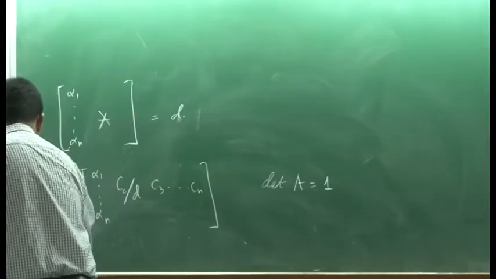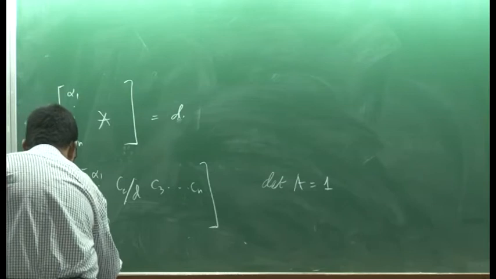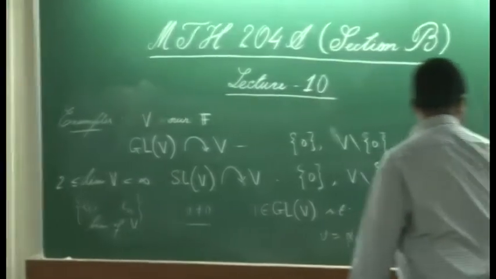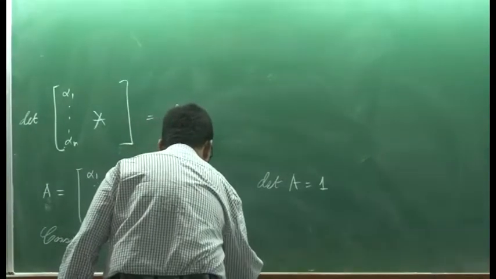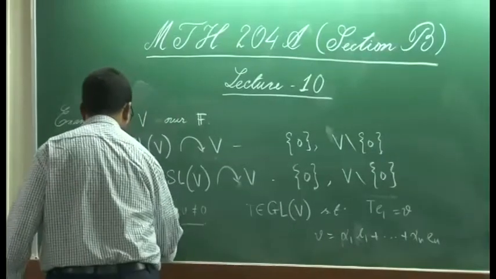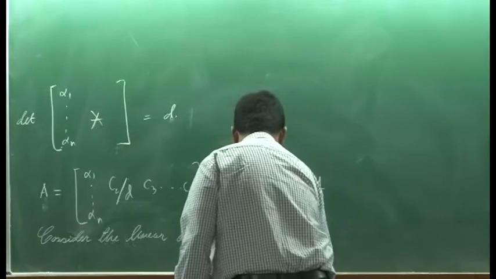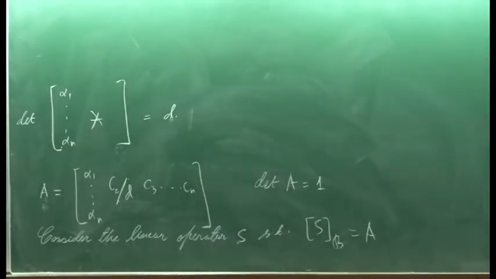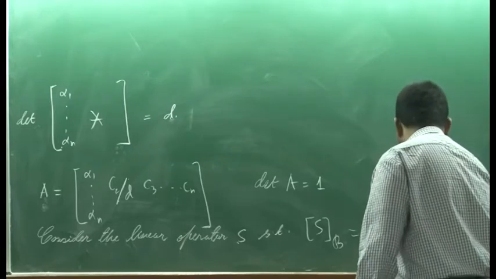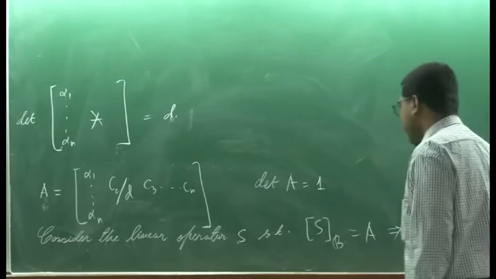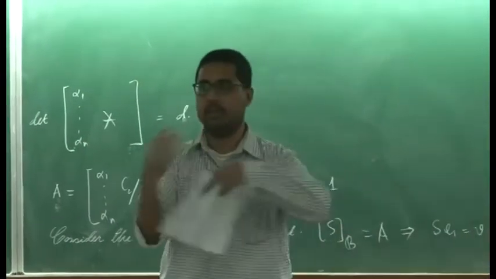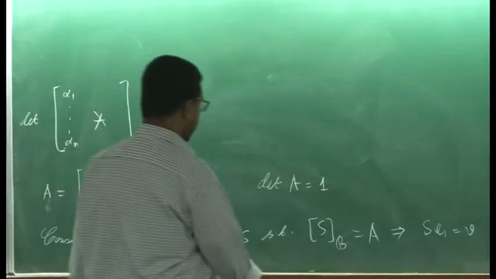And this matrix A automatically gives rise to a linear operator on the vector space V. Because we have fixed a basis, let us denote this basis by script B. Consider the linear operator S such that its matrix is this A. And then it is quite easy to see that S of e1 is certainly going to be v, because we are exploiting the connections between linear operators and their corresponding matrices.